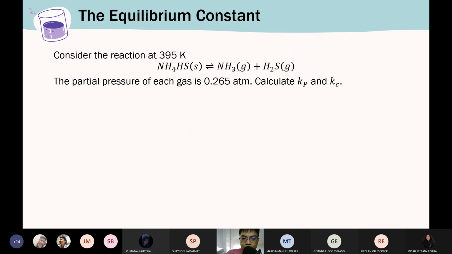Calculate Kp and Kc. Ito, bibigay ko ito sa inyo. Try to answer this in 2 minutes. Mabilis lang kasi ito. And then, 3 minutes. And then, let's check kung makukuha niyo yung tamang sagot. Mag-ingat dito sa term na to, ha? Each gas. So, ibig sabihin yung mga gas species dyan, ito yung pressure niya.